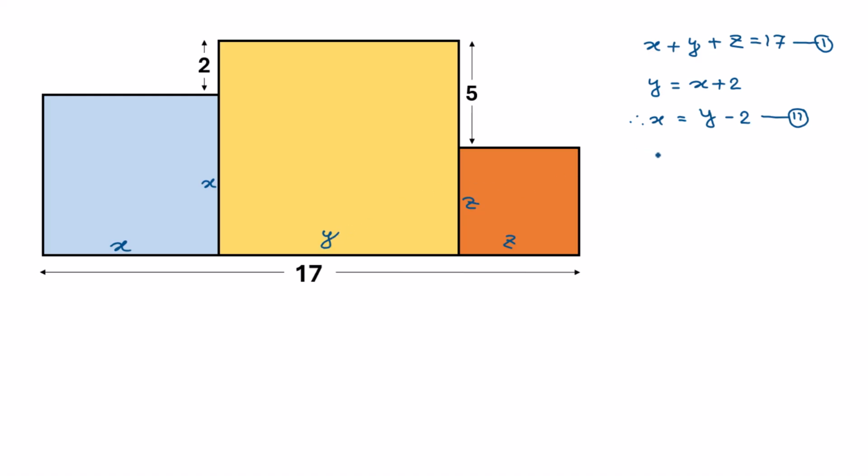So we'll get y is equal to z plus 5. Now from this equation, taking this 5 to the left side, we will get z is equal to y minus 5. Consider this as equation number 3.